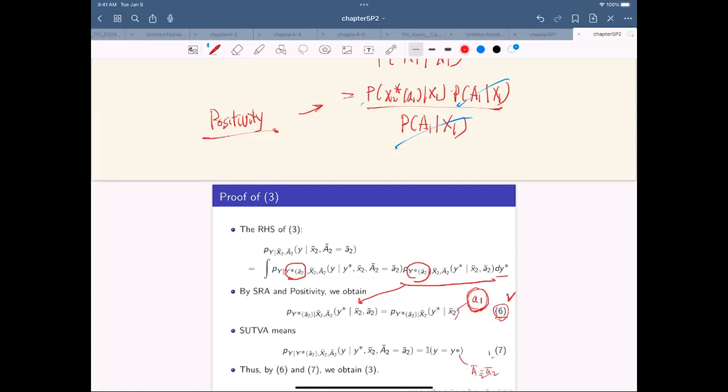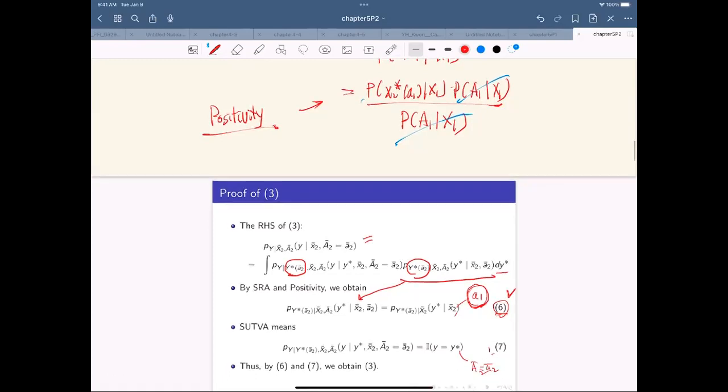So basically what we want to show is that this is equal to P of Y star A2 given X1 and X2 A1 star, right?